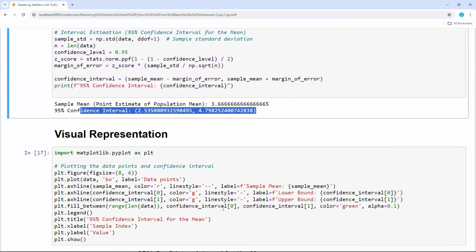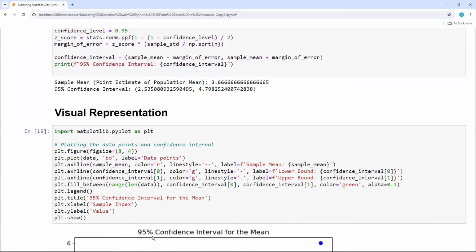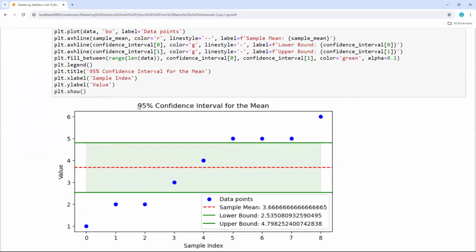And if I look at the same thing visually, the 95% confidence interval for the mean. For my given sample data, my mean value is present here, and this is the lower bound and upper bound.